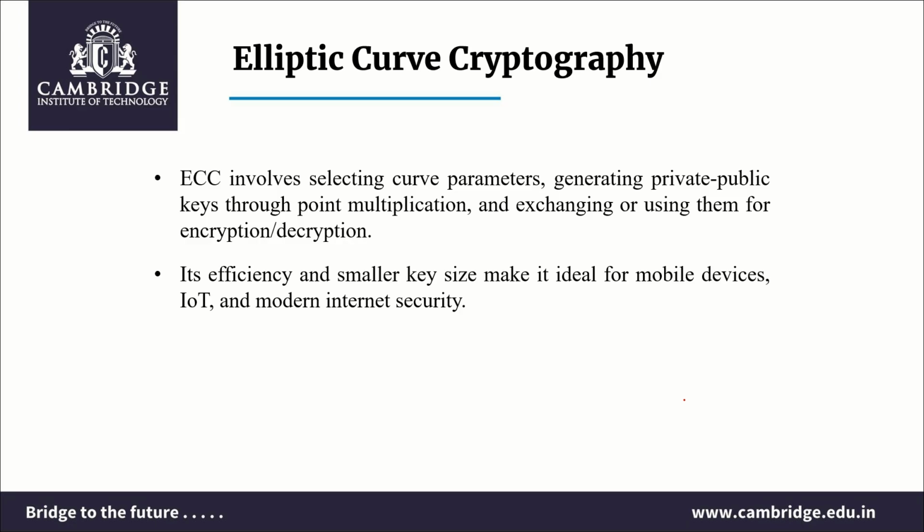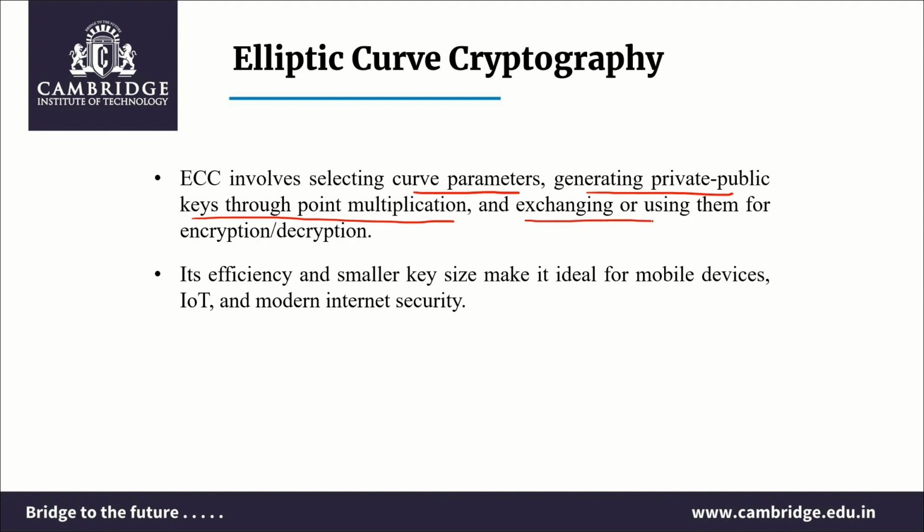ECC involves selecting the curve parameters, which is step one, and generating private and public keys, which is step 2. That is generated through point multiplication. Here point multiplication is used only to generate the public key; the private key is selected randomly, right?